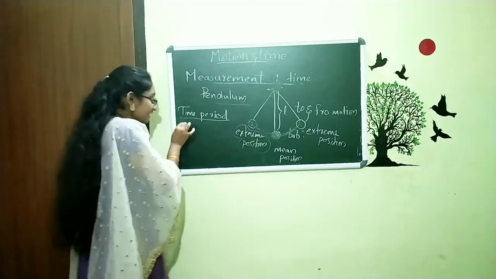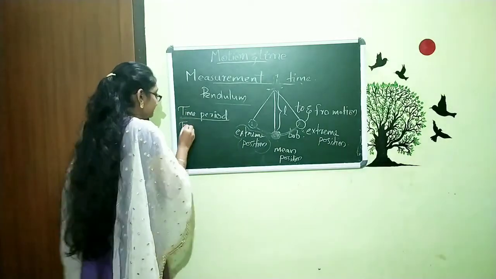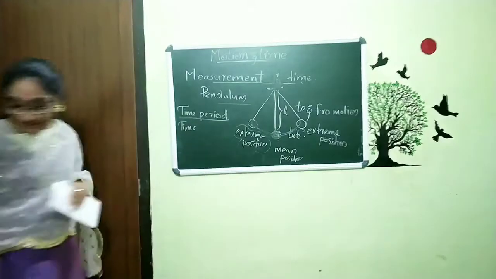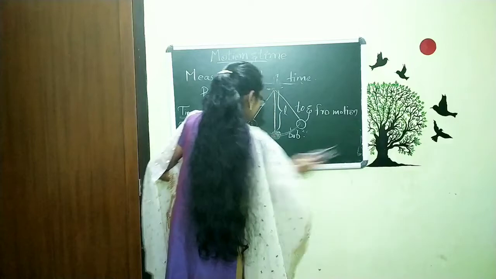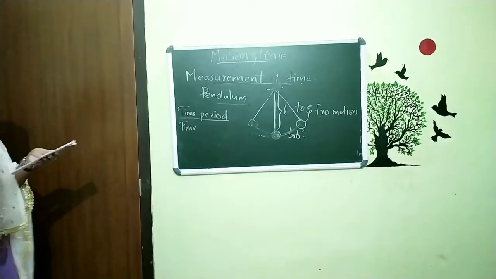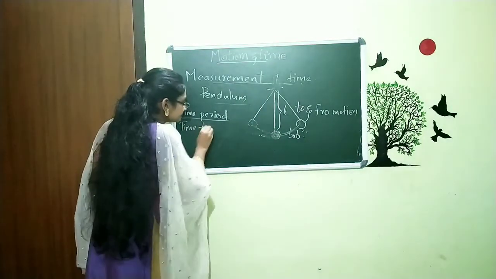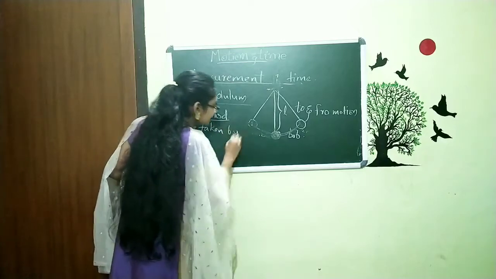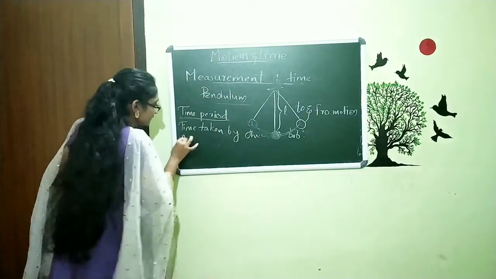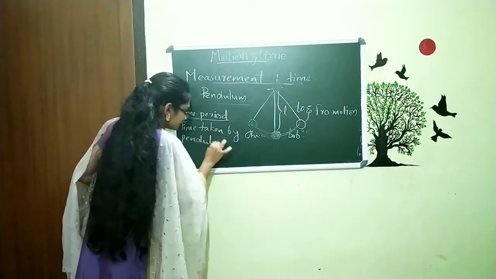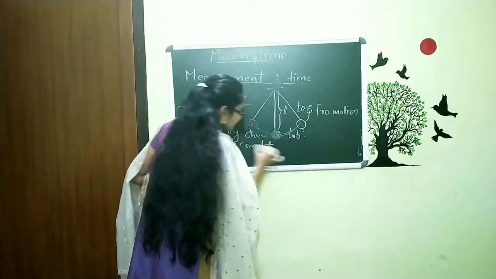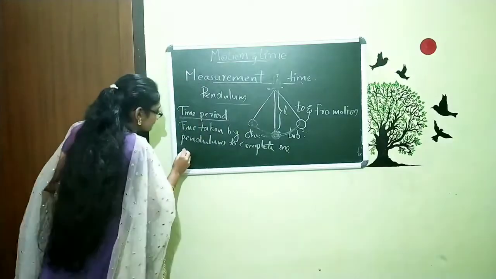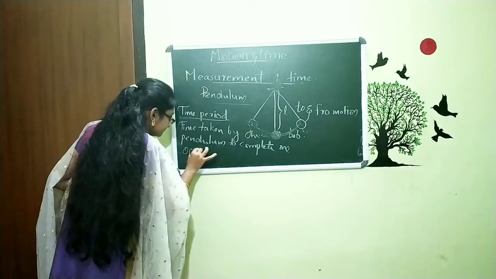So, time period is the time taken by the pendulum to complete one oscillation.